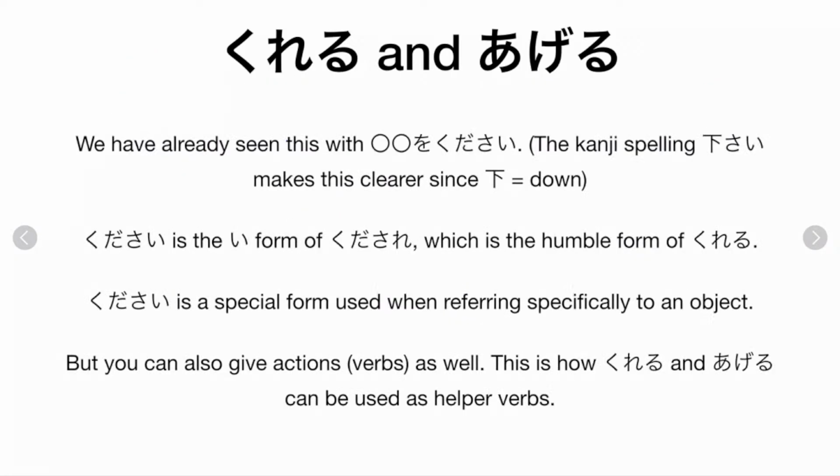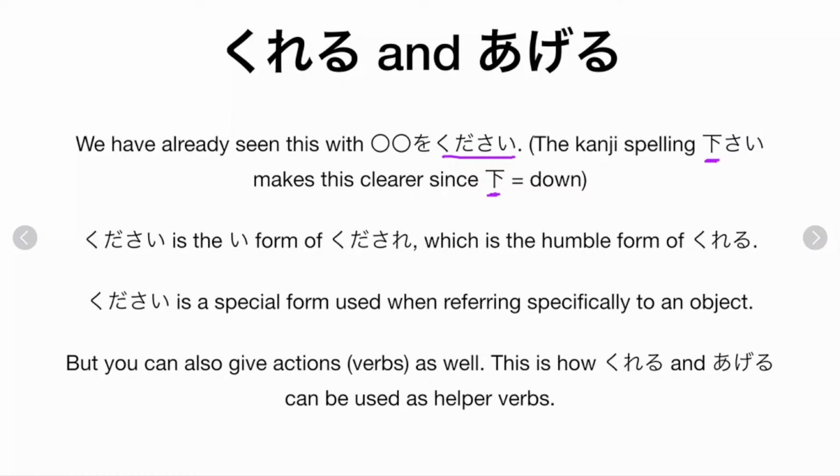For example, we saw marumaru o kudasai, when we said if you wanted to order something in a restaurant. If you look at the kanji, kuda is shita, which is down. You might not remember this, but we did have this in the directional prepositions. This is the kanji for down.